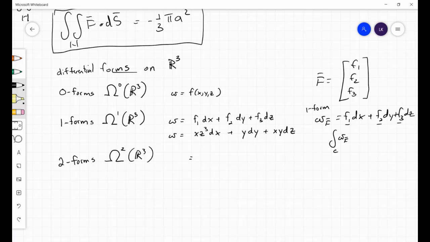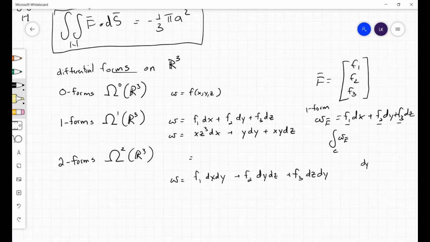Okay. So instead, if you have a two form, it's a little weird looking. And there's a canonical order. So dx dy, dy dz, and then dz dx. So these are considered the positive ones.